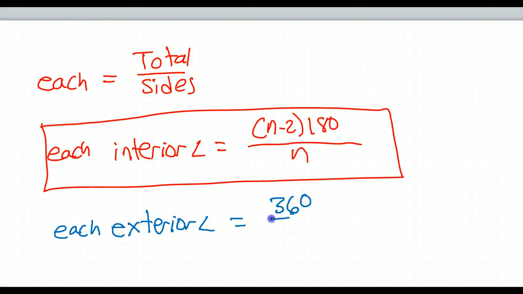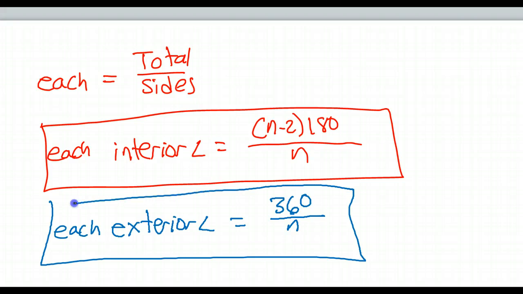The total is just going to be 360. So each exterior angle will equal 360 divided by the number of sides. It's very simple. So this blue formula here is what I'm going to hold in my brain as I do this problem. Each angle will equal 360 divided by n.